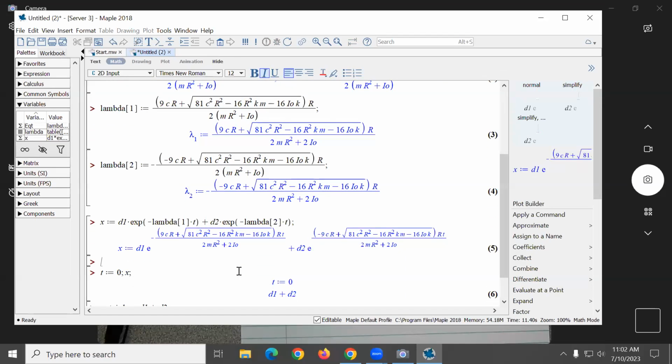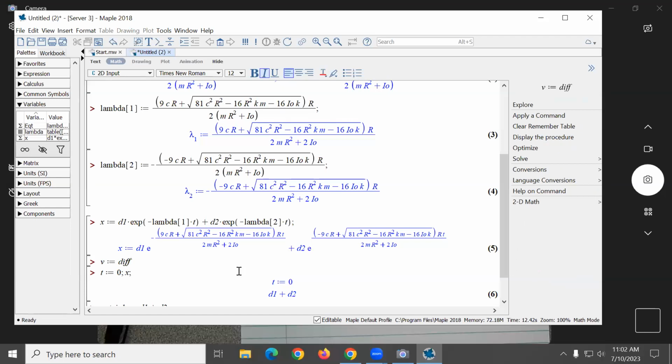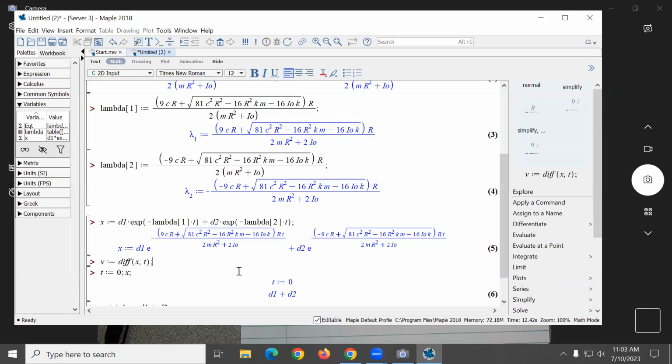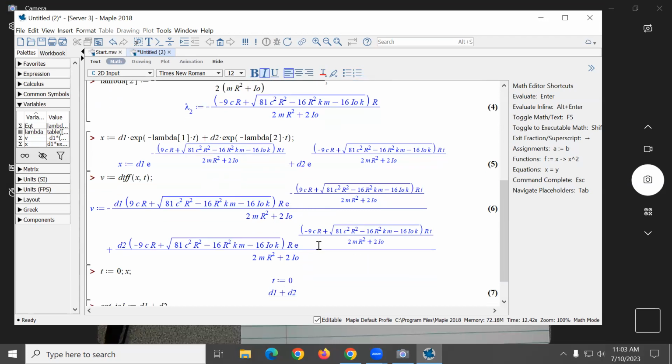We have it for the velocity, no? So we could take the differentiation of x with respect to t. And this is going to give us something ugly, but we don't care because it's going to do it for us.